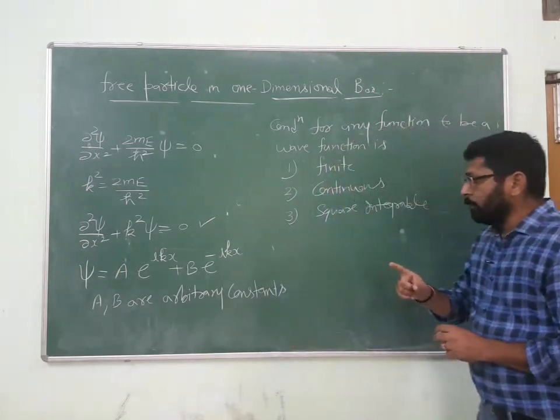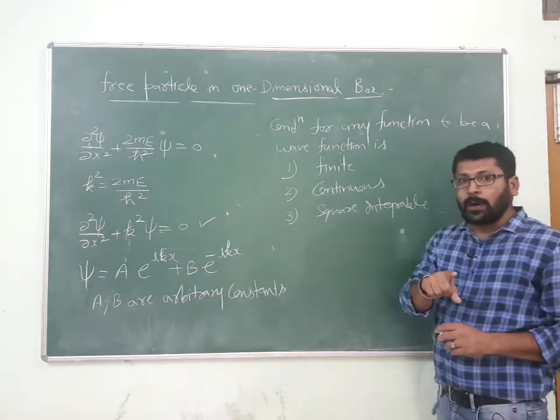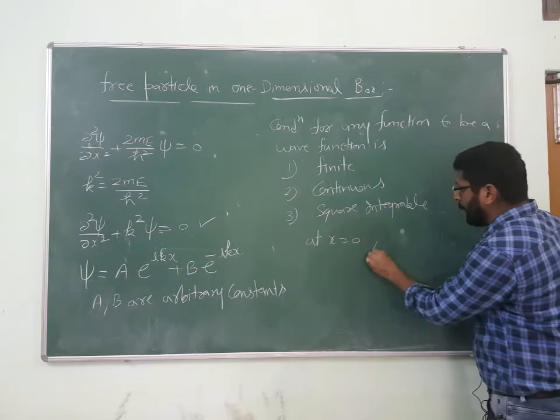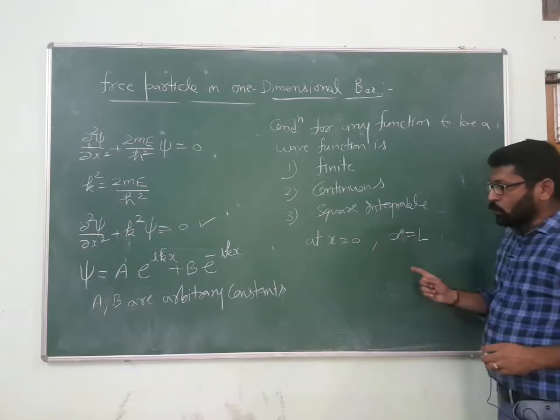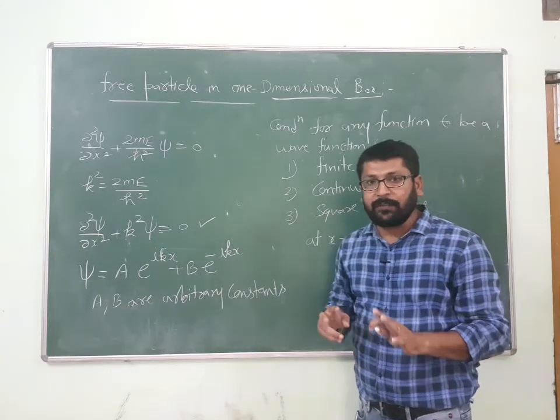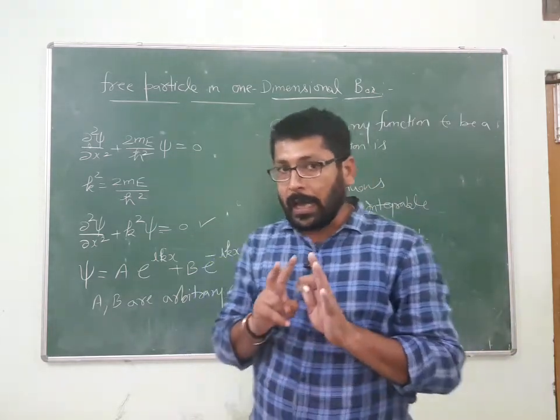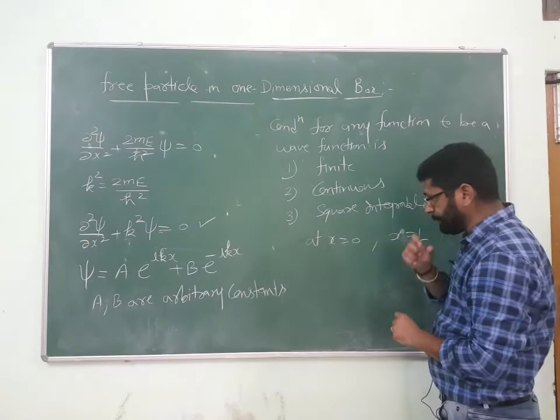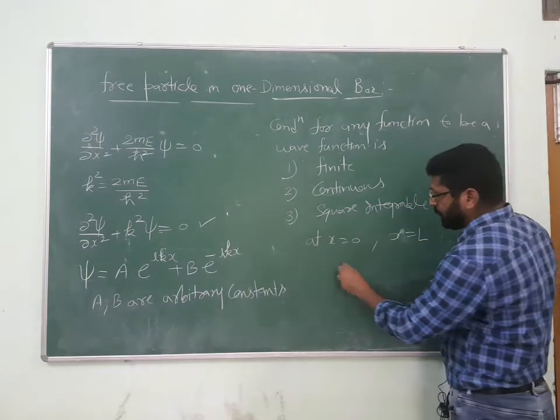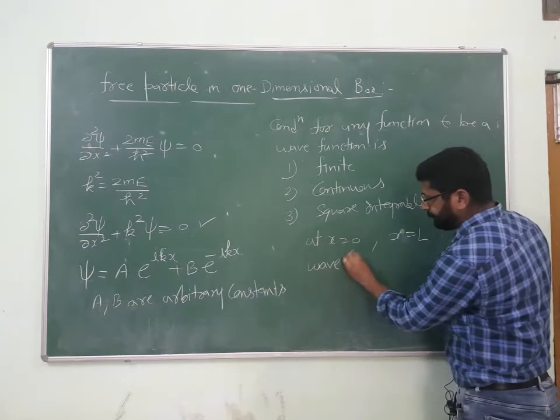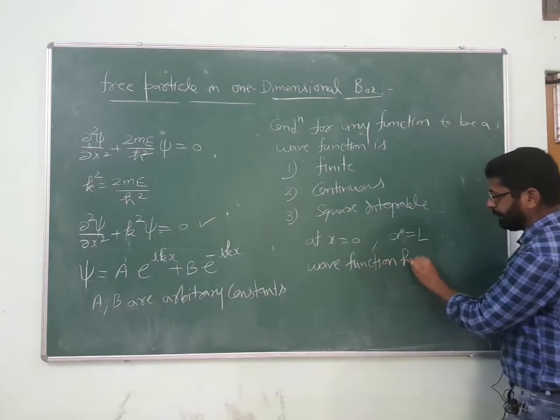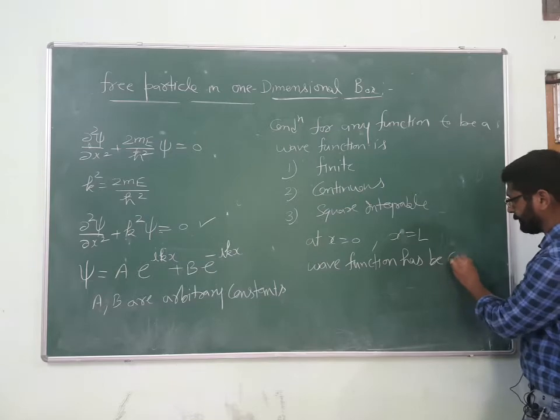Because of that, there are two boundaries, at x equal to 0 and at x equal to L. Corresponding to these two boundaries, we have two boundary conditions. At these boundaries, the wave function has to be continuous.